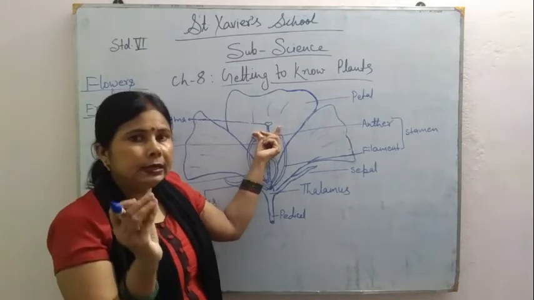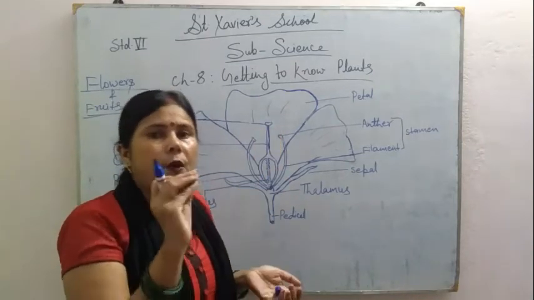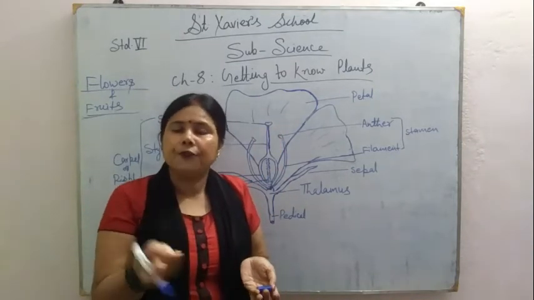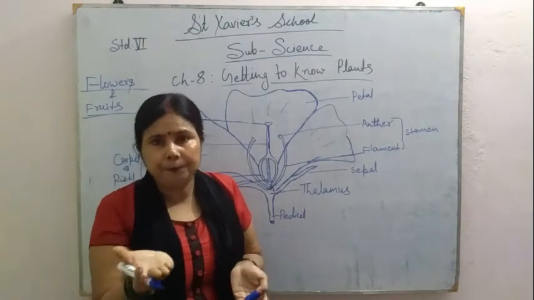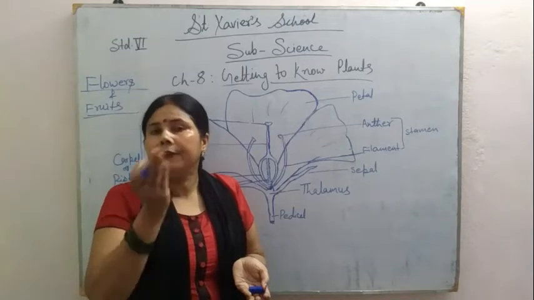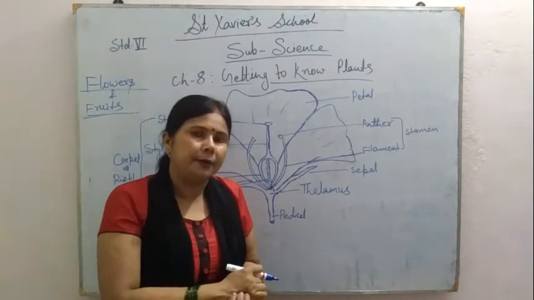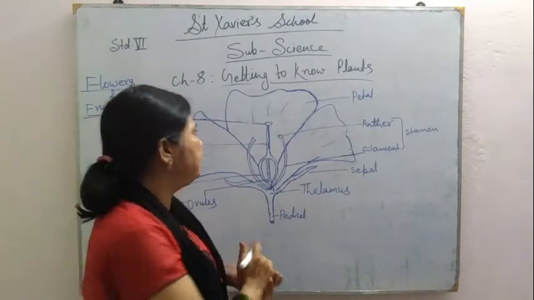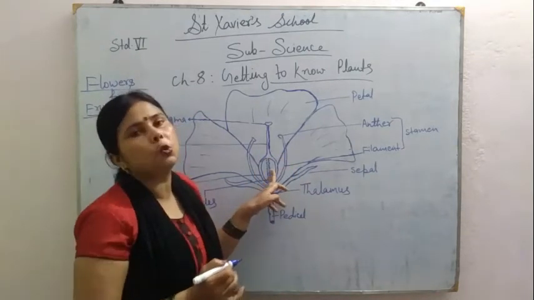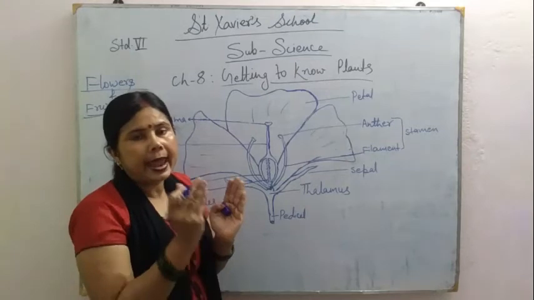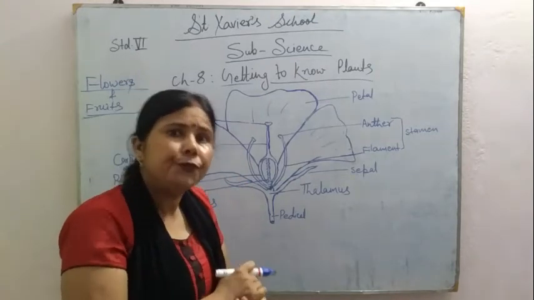So pollination is the transfer of pollen grains from anther to the stigma of either the same flower or of the different flower of the same kind. And after pollination, this ovary, ये जो ovary होता है, gets swollen, फूल जाता है and changes into fruit.